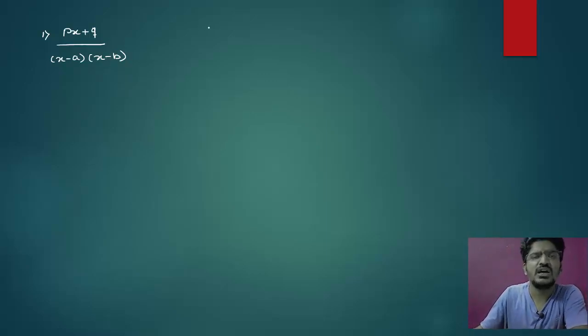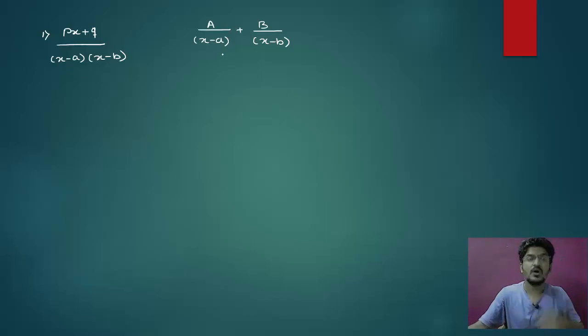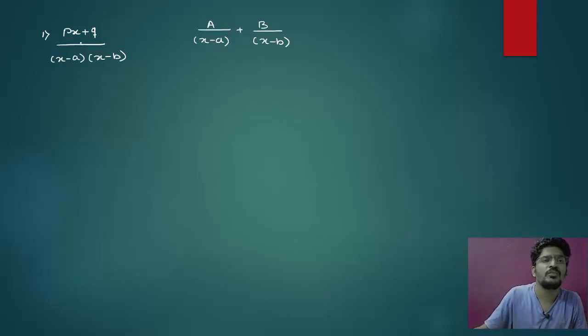It is decomposed as a divided by x minus a plus b divided by x minus b. Okay. So this is called the decomposition of px plus q divided by x minus a into x minus b.